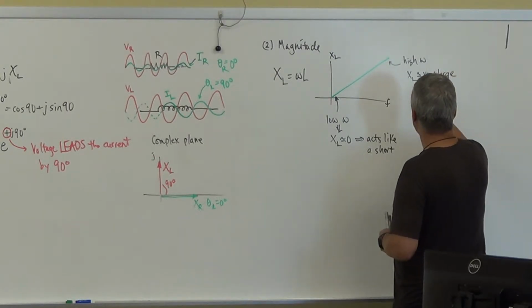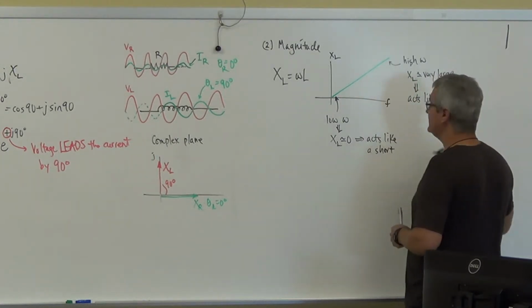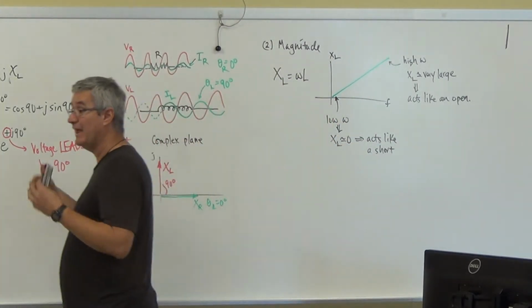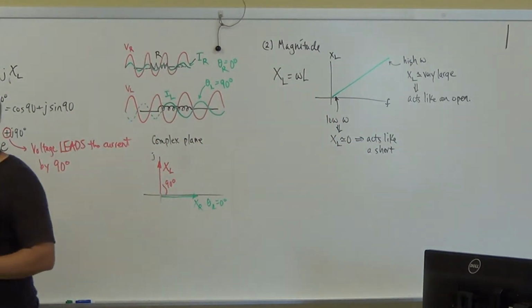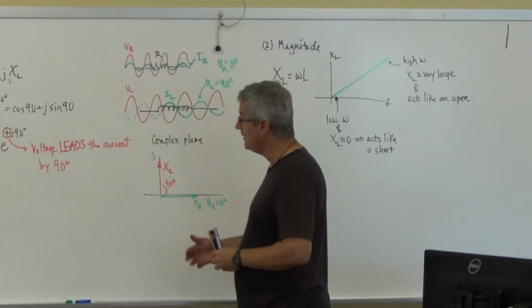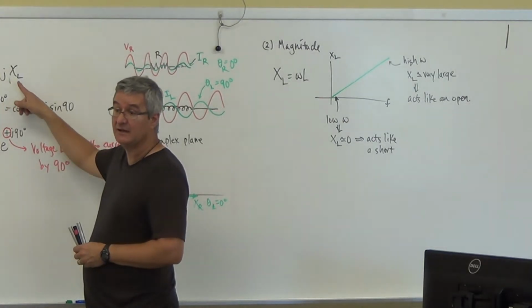And when that is the case, we say that it acts like an open, because the back EMF is so large. So any time I deal with the phasor vector, what am I going to do? I'm going to come in by hand and put in this JXL term.